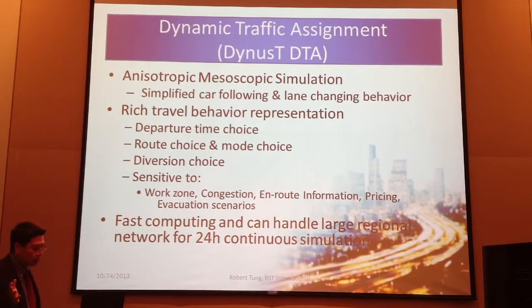For example, if certain roads are under construction, certain traffic may divert to other routes. Also the congestion pattern, and also in-road information. For example, if the highway has a certain sign saying there will be traffic slowdown on the road, then you can simulate where drivers decide to switch and divert.